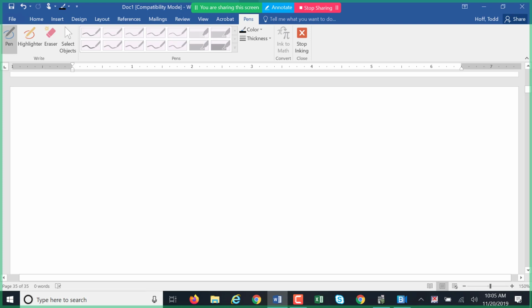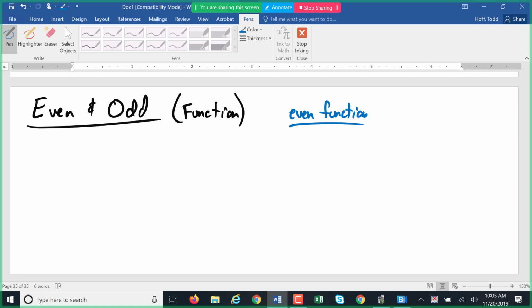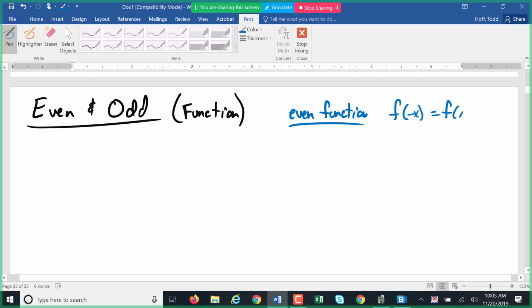Well, we also have even and odd identities. Remember what this was when we talked about even functions and odd functions before? An even function is one where f of negative x is equal to f of x.